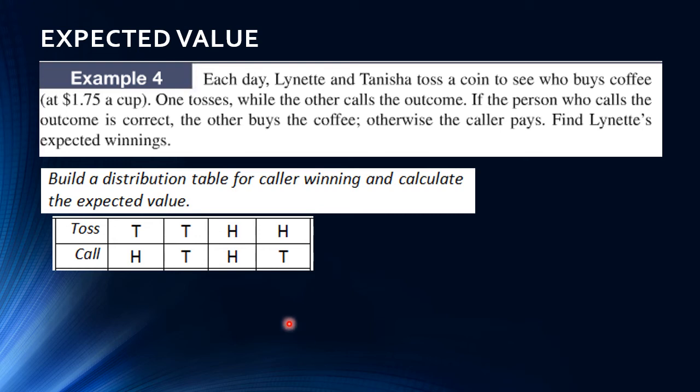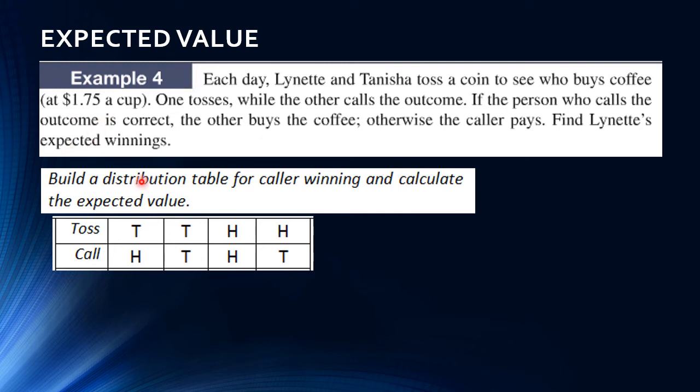So notice when we toss, we could toss a tail and the person could say head. We could toss a tail and the person could say tail. We could toss a head and the person say head, or we could toss a head and the person say tail. So these are all the possible outcomes, okay? Now remember our random variable, what are we looking for?